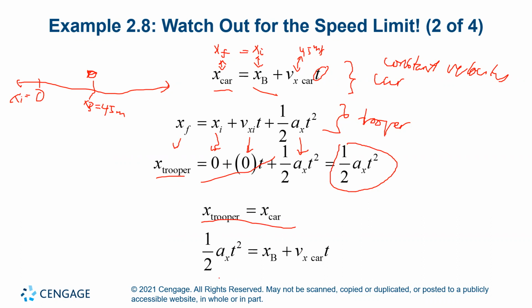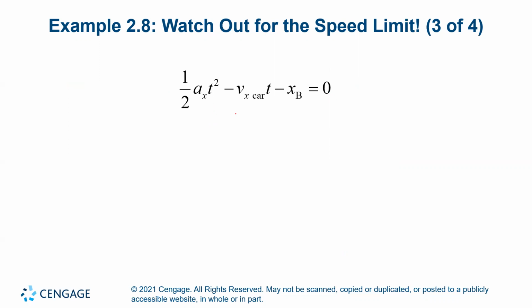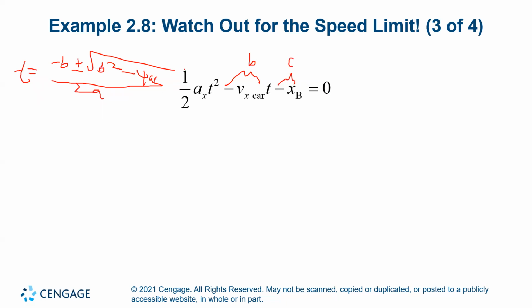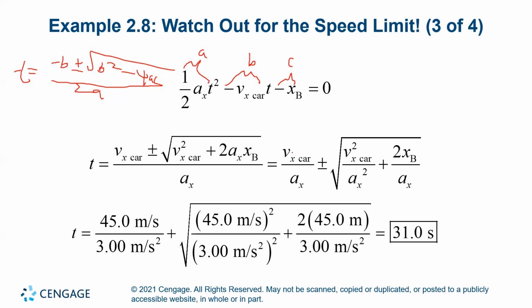So 1/2 a_x t squared is equal to x_B plus v_x car t. We rearrange further and notice that this is a quadratic equation, so to solve for t we use the quadratic formula, negative b plus or minus the square root of b squared minus 4ac, over 2a. Our b is negative v_x car, our c is negative x_B, and our a is 1/2 a_x. With some more manipulation, we get 31 seconds.